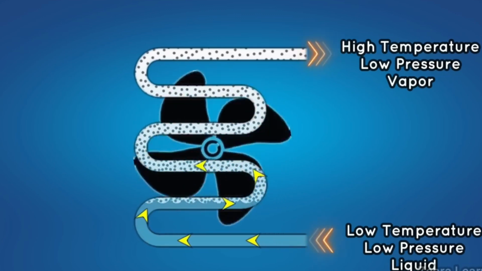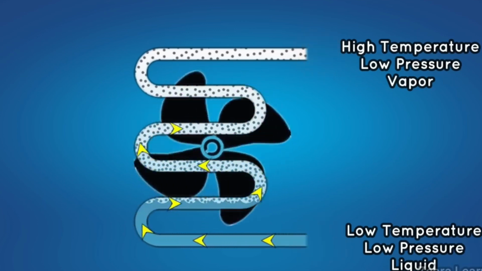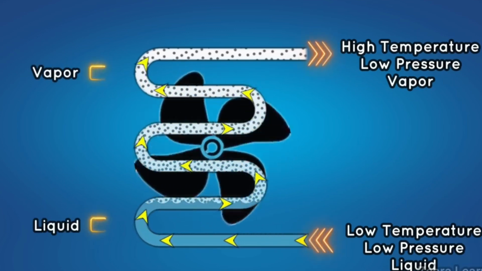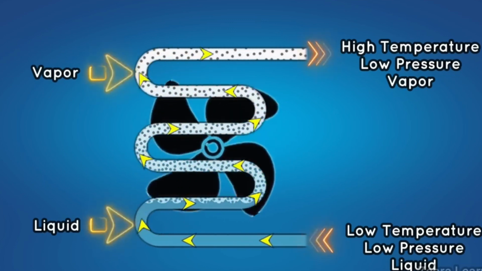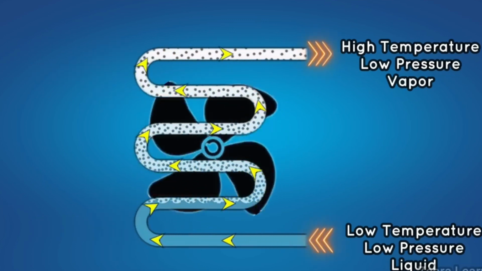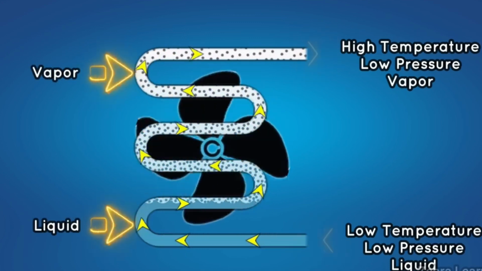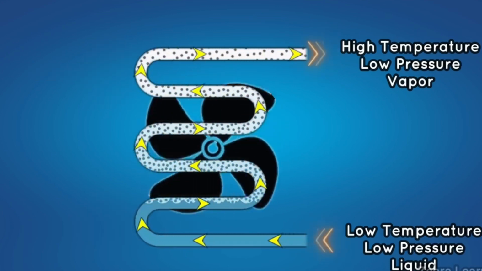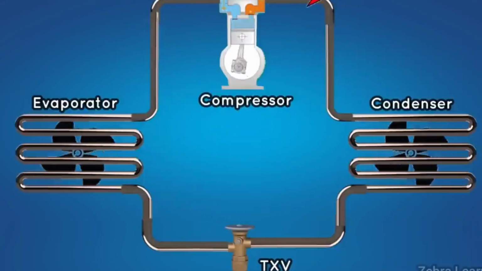The fan in it blows air through the evaporator fins. When blown, the heat in the air is absorbed by the refrigerant. As the refrigerant absorbs the heat in the air, we get well-cooled air, and the refrigerant changes from liquid to vapor state. Then, the refrigerant enters the compressor, and the process starts again. This is how the refrigeration cycle works.